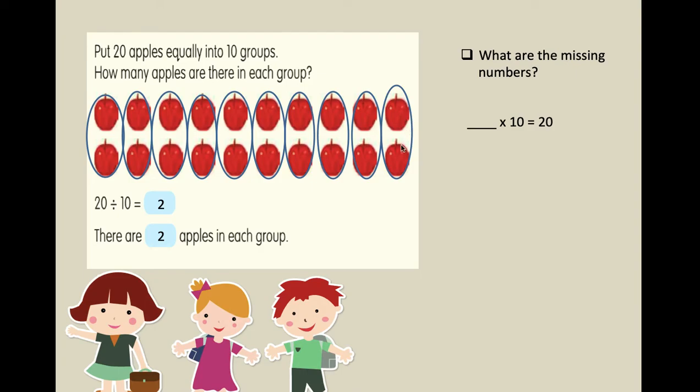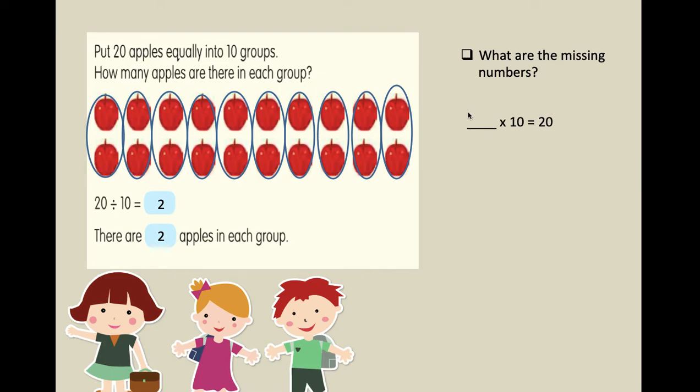Once you are done with the total number of apples, once you are done with the groups, the next thing you're going to find is in each group, how many apples are there? 1, 2.